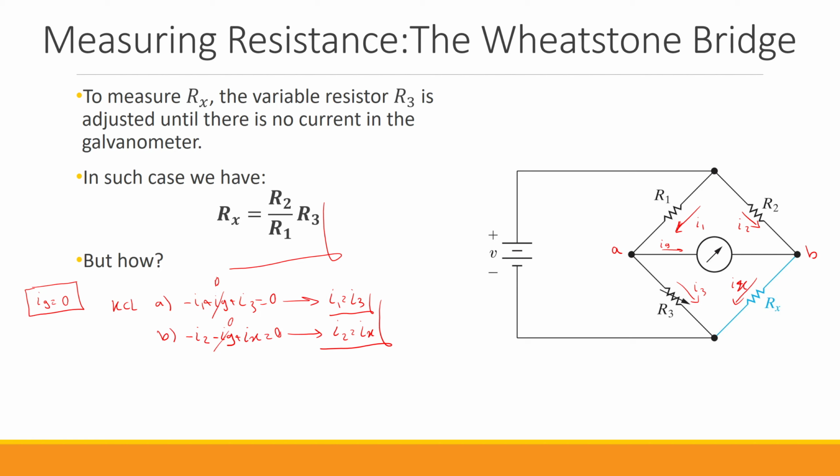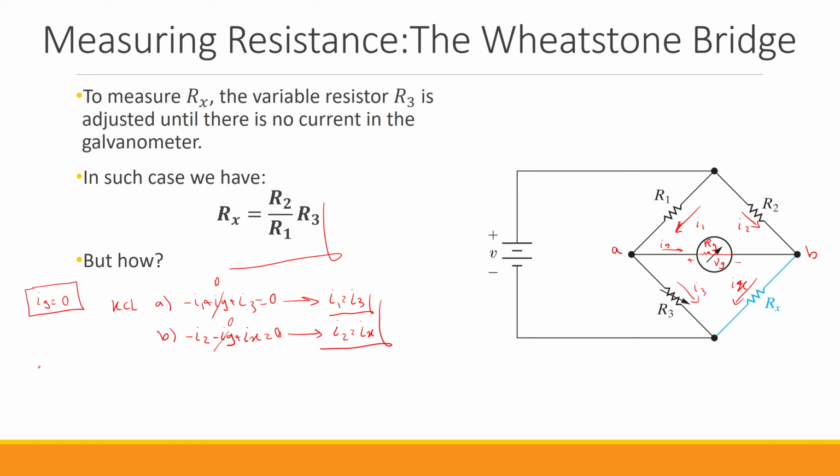So what else can we get when IG is equal to 0? Let's say this voltmeter has a very, very tiny internal resistance. Let's call it RG. Even though this RG might not be completely 0, at the time when IG equals 0, that means there is no voltage drop across this resistor.